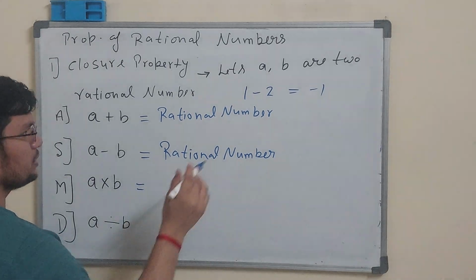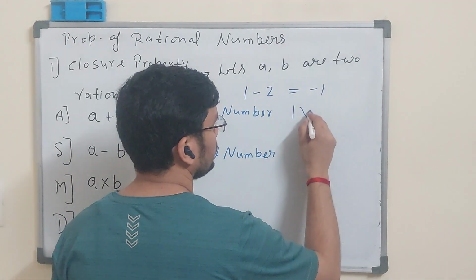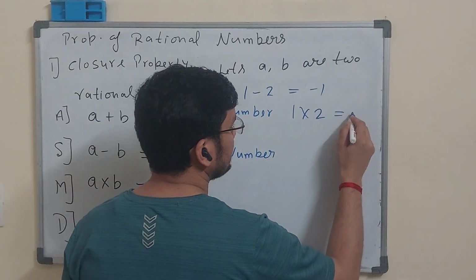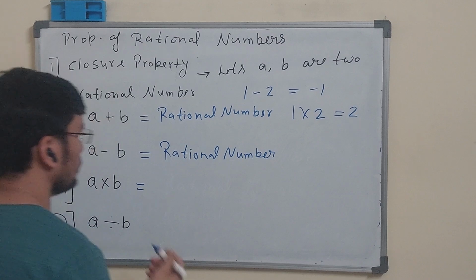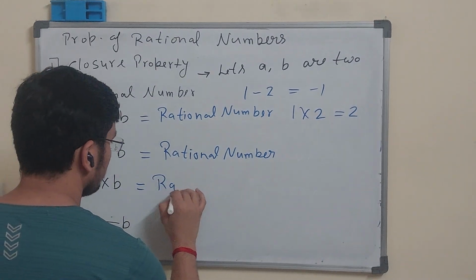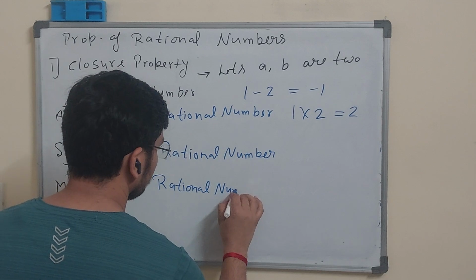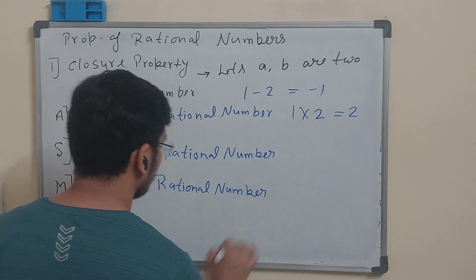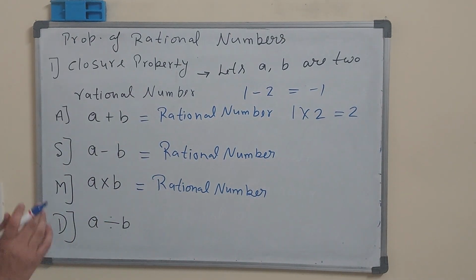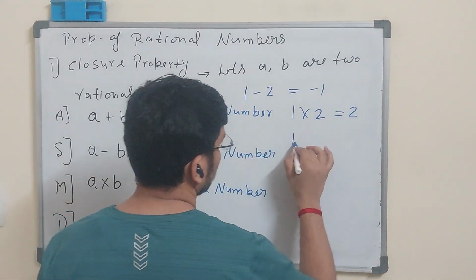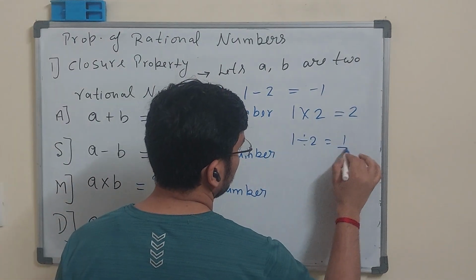For multiplication, A into B, suppose 1 into 2, you will get 2. So again you will get a rational number. If you divide two rational numbers, suppose 1 divided by 2, you will get 1 by 2.